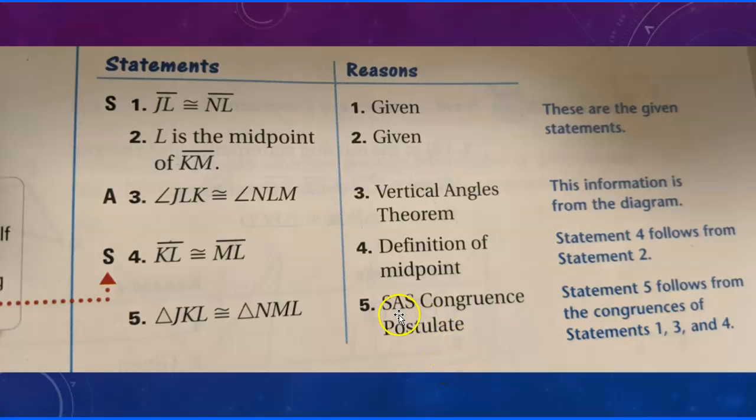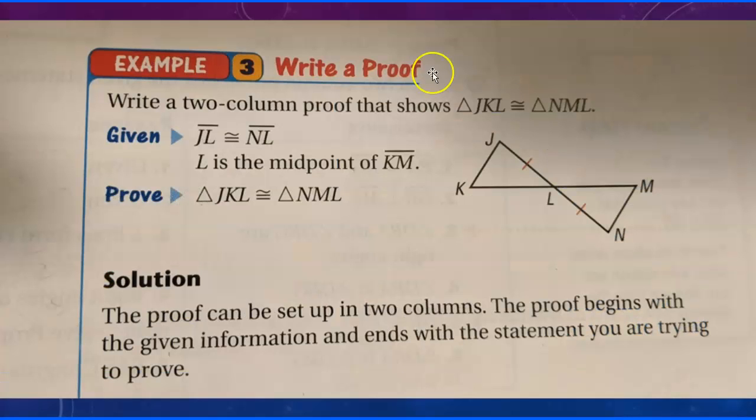Well, now we can say SAS congruence postulate because, let's go back up here, we have stated that KL and ML are equal. If I had a little magic marker, I could put in my congruence marks on the equal segments there.